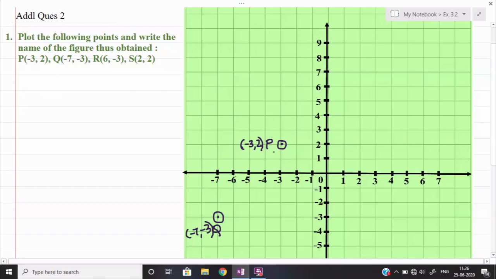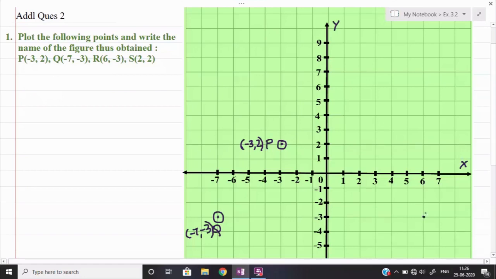Now R is given here, (6, -3). First on the x-axis I will reach here. This is my x-axis and this is my y-axis. So on the x-axis I am reaching at 6. From 6 I will go down and I will mark the third point.